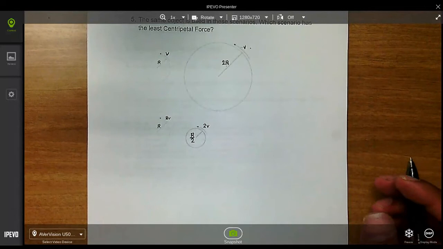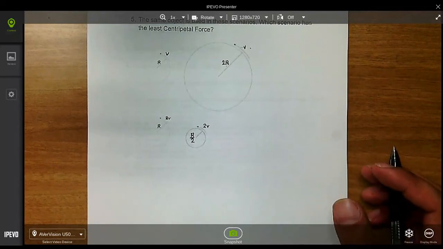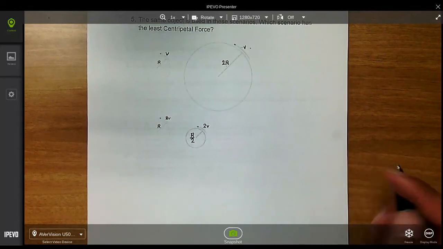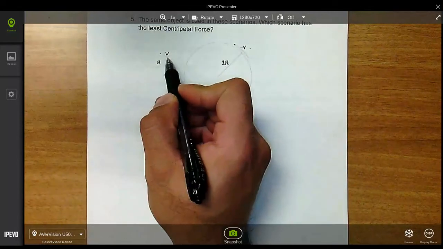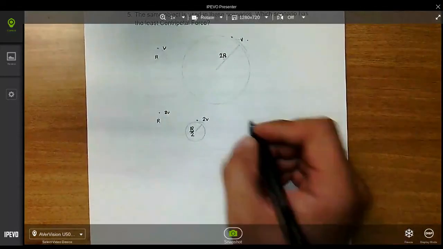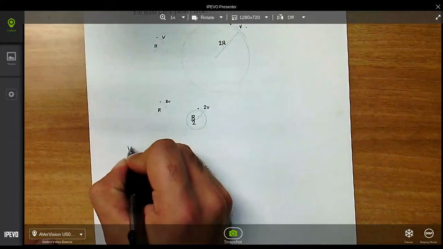So we're going to go ahead again, set our original as 1. And by that I mean we could set the variable of r as 1 and set the variable of velocity as 1 as well. So it's nothing different.